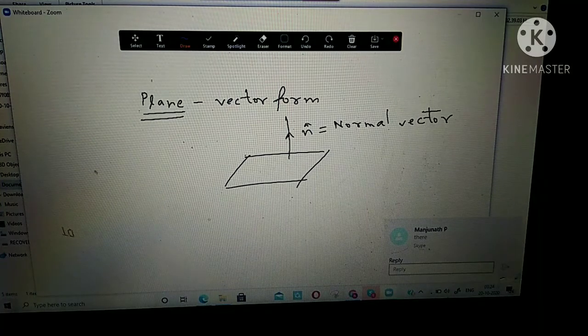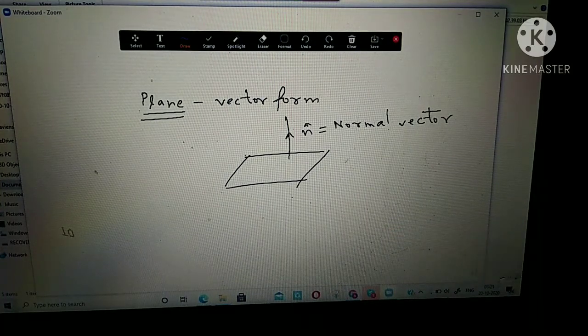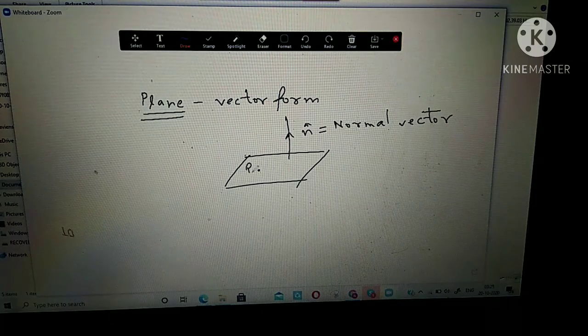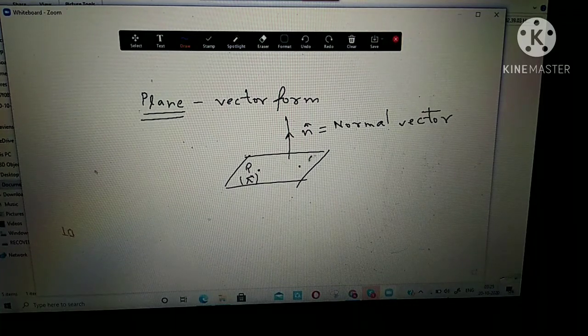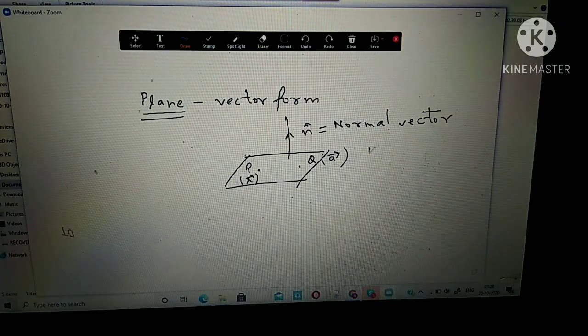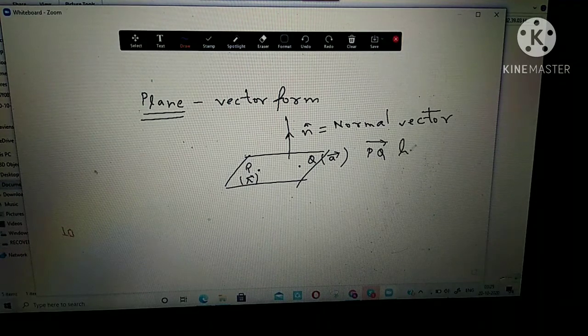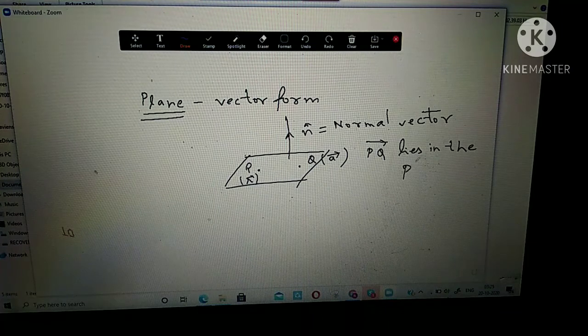In that case, if we have a point P with position vector R, and a point Q which is A vector, we can form the PQ vector, which lies in the plane.